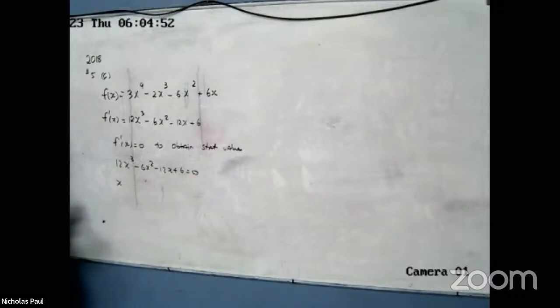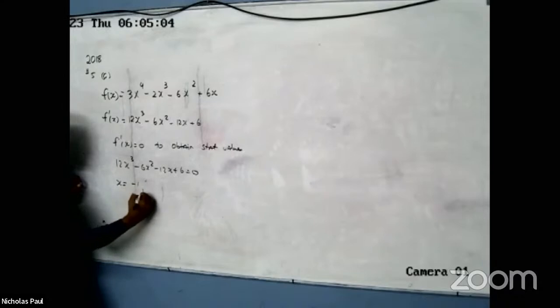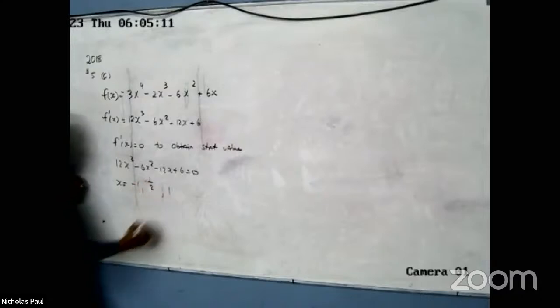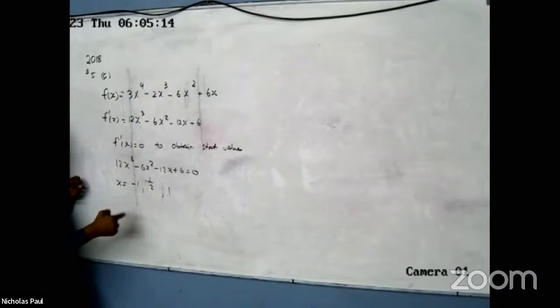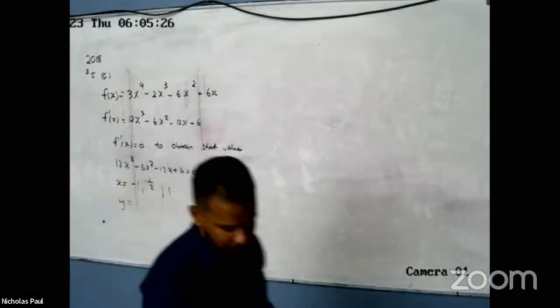What did you get? What do you get here? So the calculator, let's keep it. x is minus 1, 1, a half, then 1. When they ask for the stationary points, you've got to find the y value. Find the corresponding y values as well.